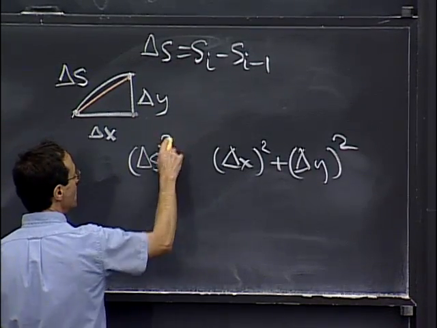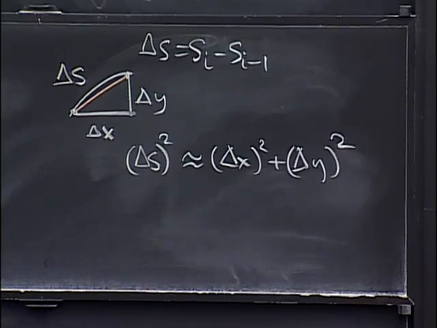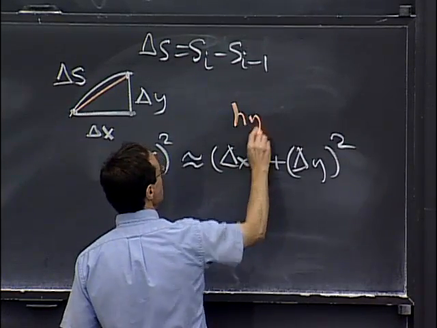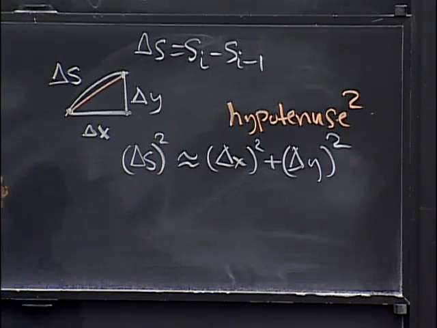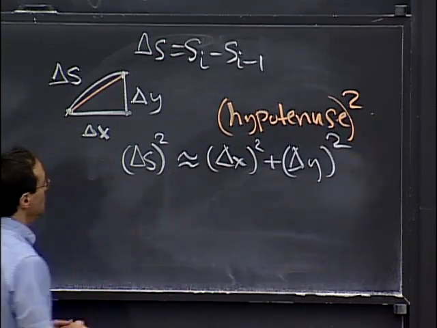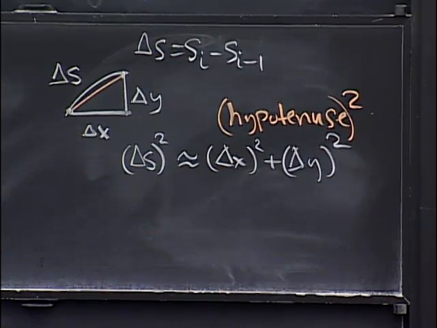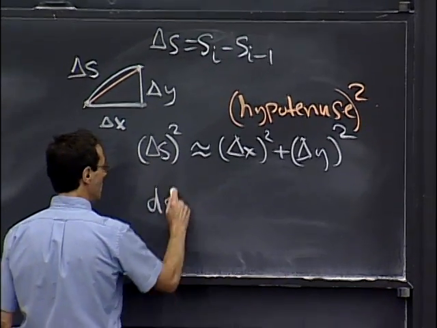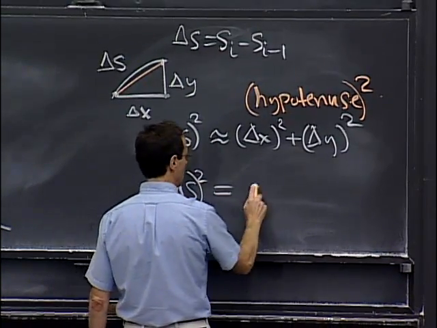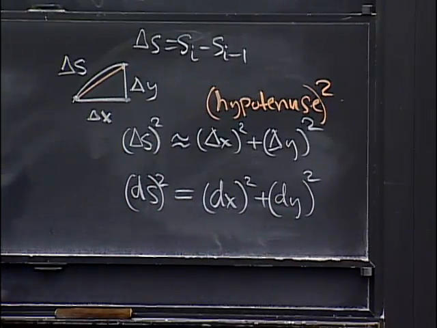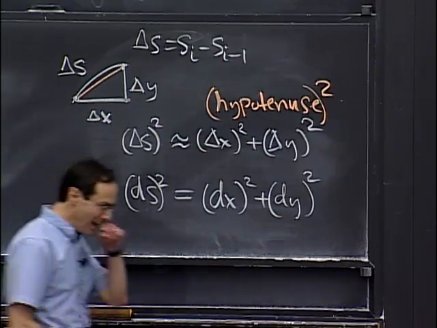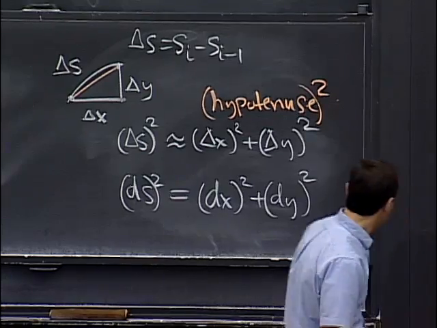So what we're saying is that delta s squared is approximately this, the hypotenuse squared, and it's very close to the length of the curve. And the whole idea of calculus is that in the infinitesimal, this is exactly correct. So that's what's going to happen in the limit, and that is the basis for calculating arc length.